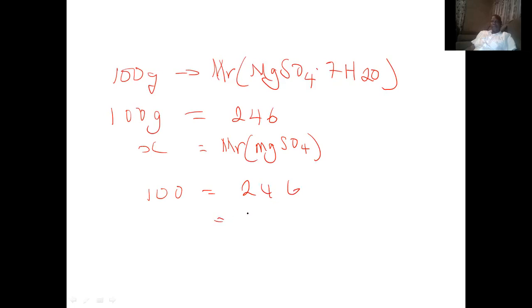And this gives us actually 120 will be equal to X. So we can find now the mass which will be there for magnesium sulfate without water, which would be basically 100 multiplied by 120 divided by 246, which gives us actually 48.7 grams.